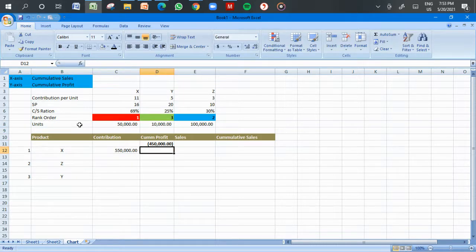What will be our cumulative profit? We know that profit is contribution minus fixed cost. So if we take this one minus this one, we have a cumulative profit of 100,000. What about the sales? The sales is simple. It's just 50,000 units multiplied by the selling price, which is 16. So our sales will be 800,000, and this also happens to be our cumulative sales. Here it will be 0, here it will be 0.